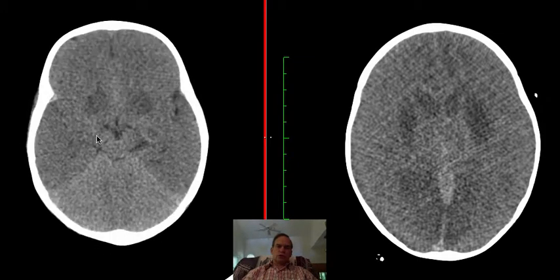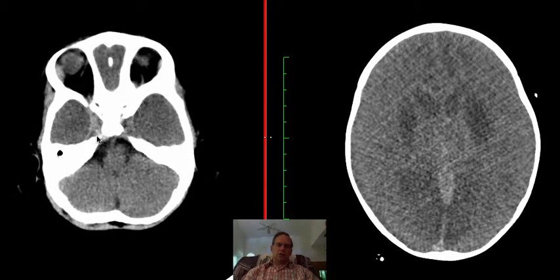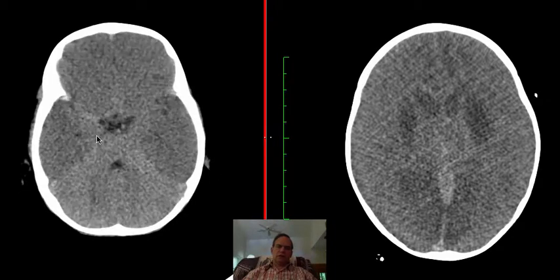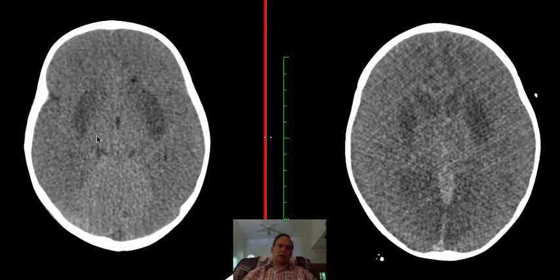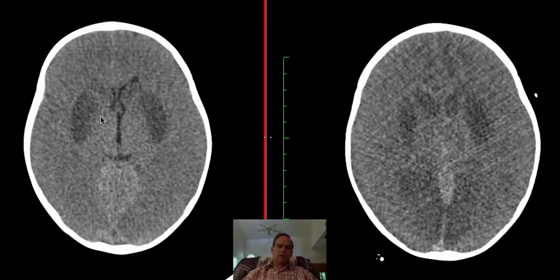So this is an anoxic or low oxygen or absent oxygen event that has caused cell death related to the anoxia and showing a very strong predilection for the basal ganglia, caudate, putamen, and the globus pallidus, which is not distinctly visualized as apart from the putamen, but borders it in this posteromedial aspect.